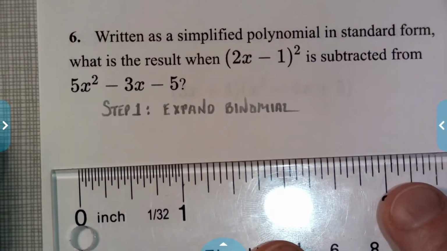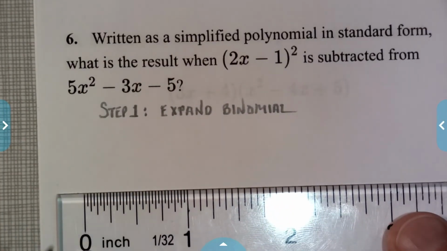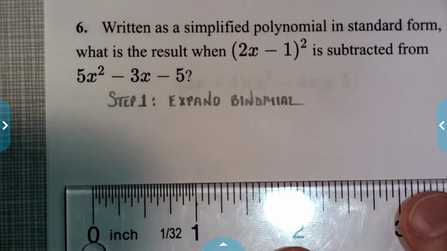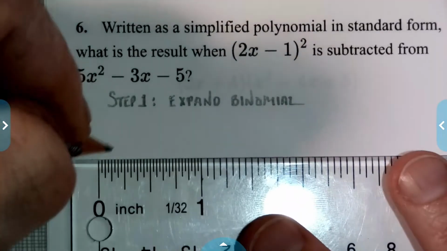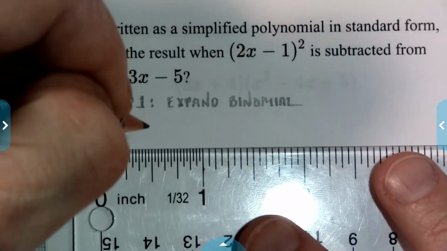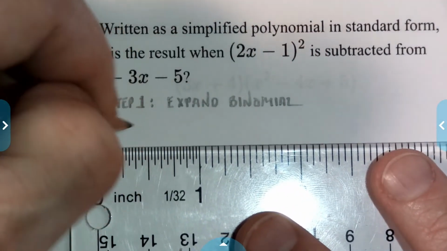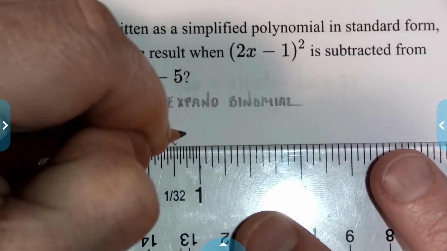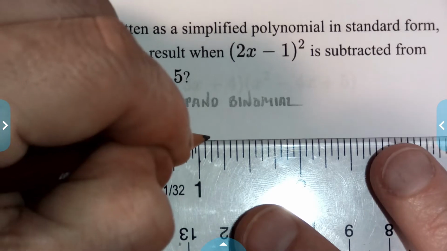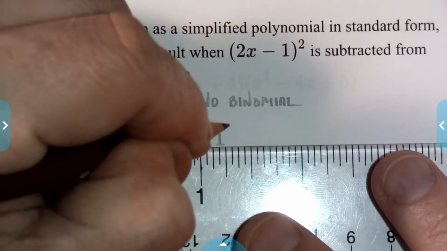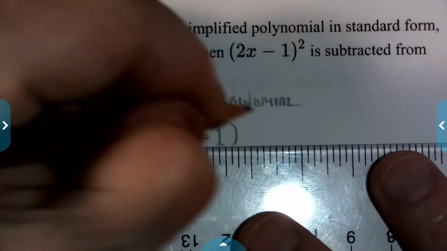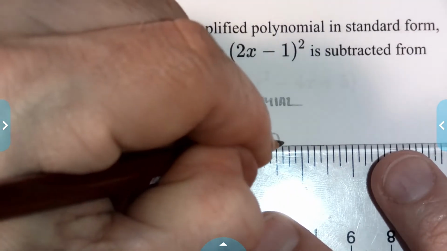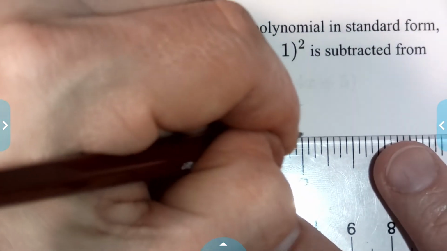Okay, so this time I'll use the half moon method of FOIL, okay, as opposed to that kind of grid structure that I drew. So now we're going to write 2x minus 1 multiplied by 2x minus 1.